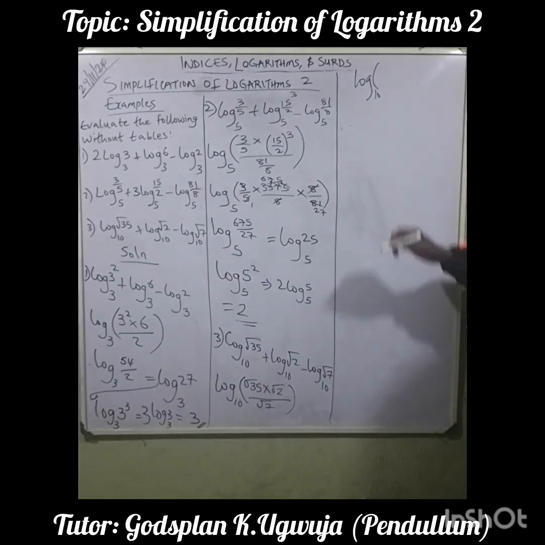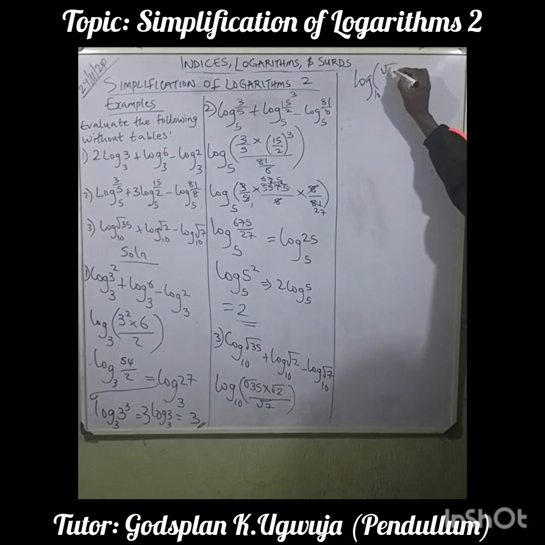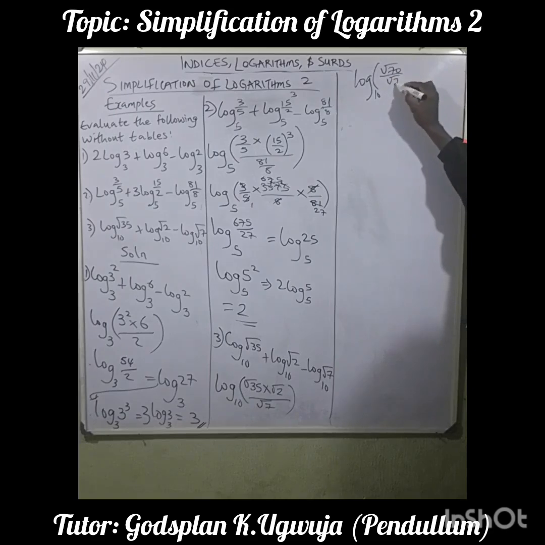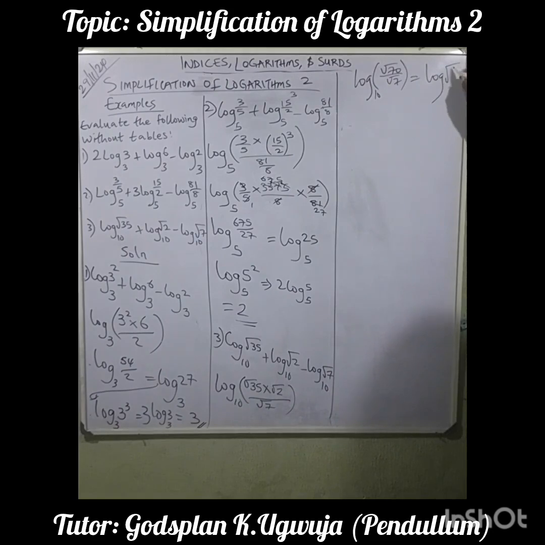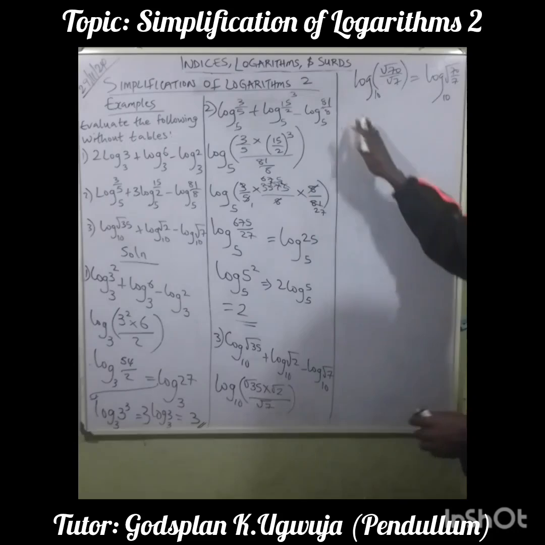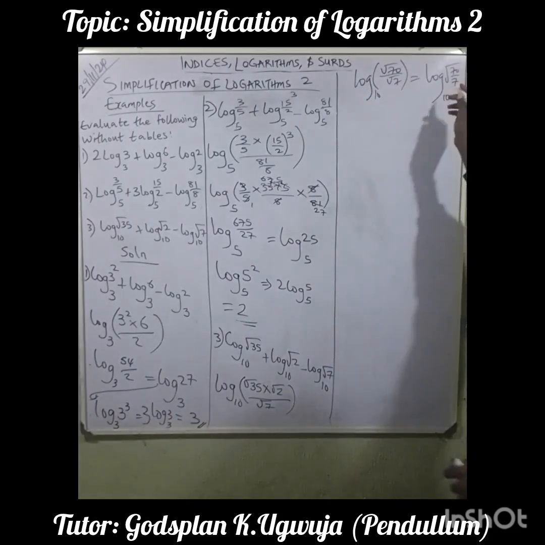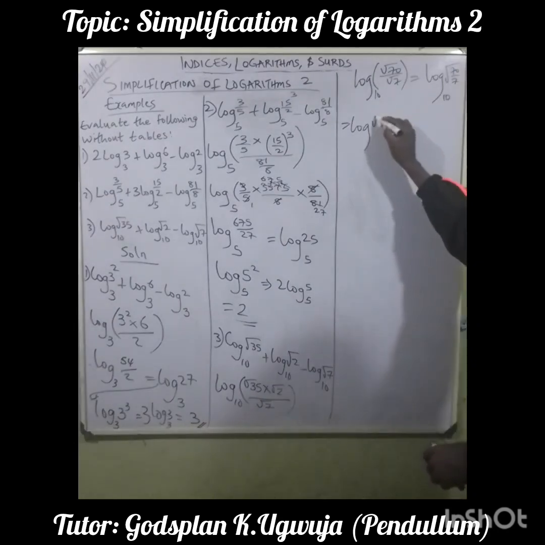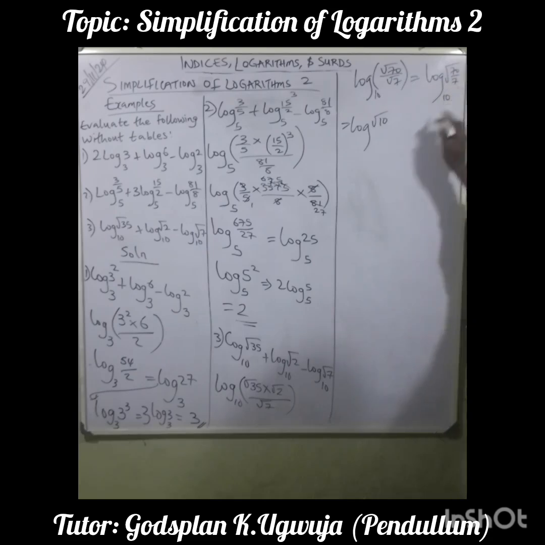Root 35 times root 2 is root 70 all over root 7, which we can write as root 70 over 7. Alright, we can extend the square root to cover everything. And then this will give us log 70 over 10. So 70 divided by 7 is 10.